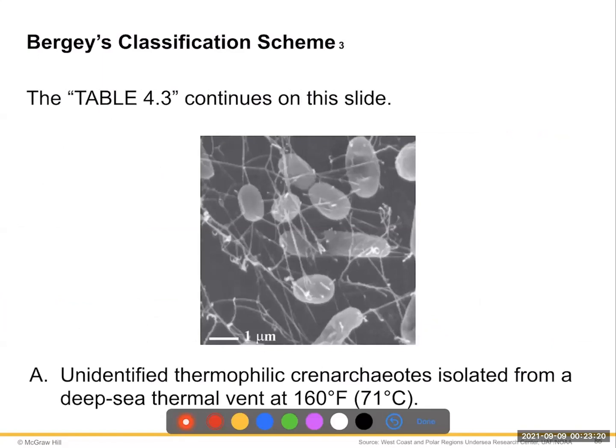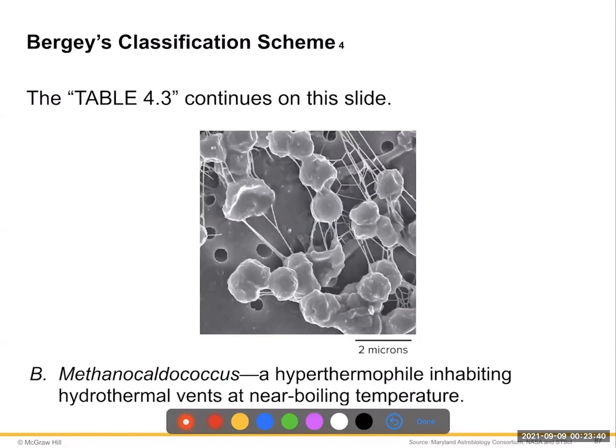This is a thermophile from the deep sea thermal vents, bacteria that live under very extreme conditions. You can see it has different shapes to it. Some are rod shaped, some are short rods, some are spherical. But 160 degrees Fahrenheit is pretty warm for bacteria to live.